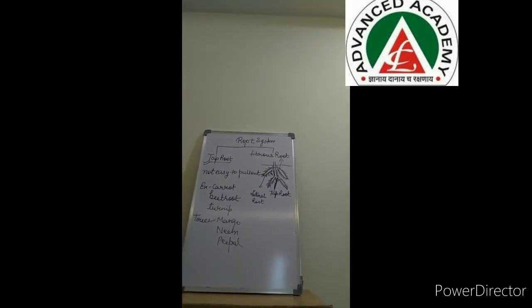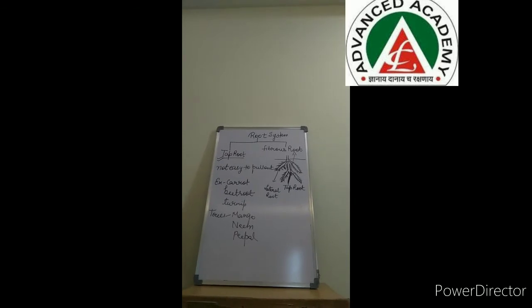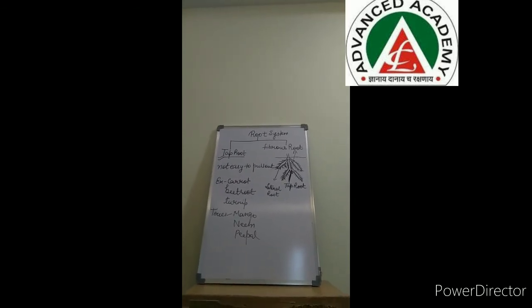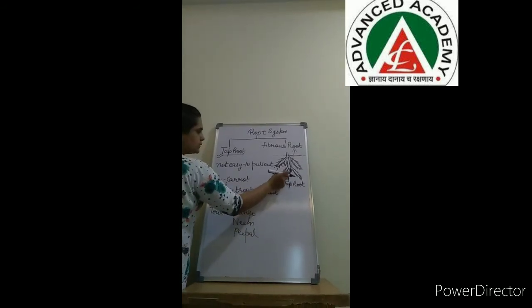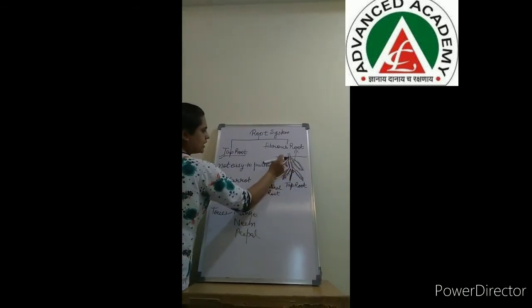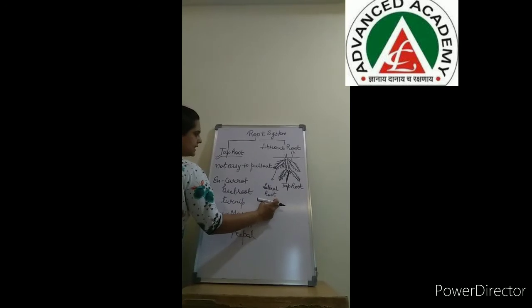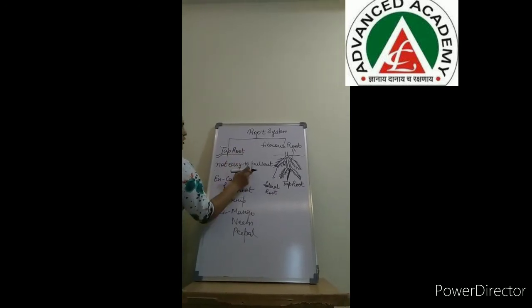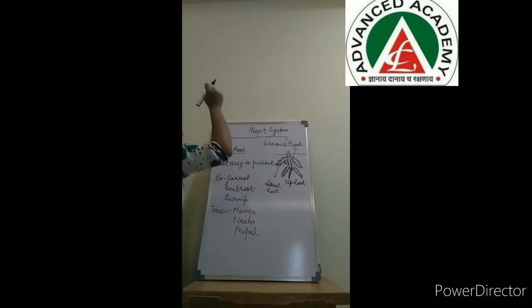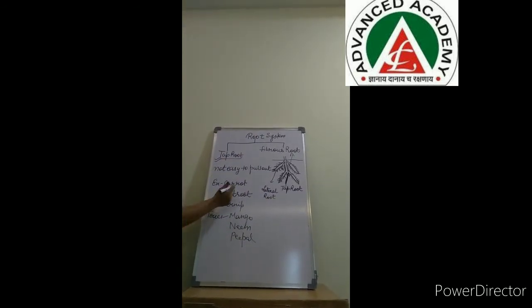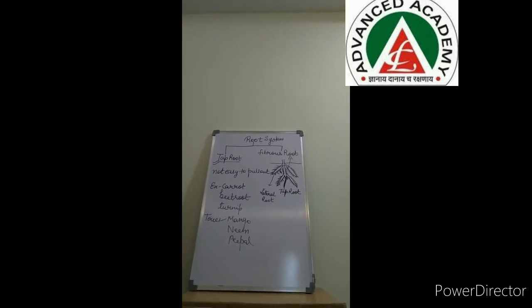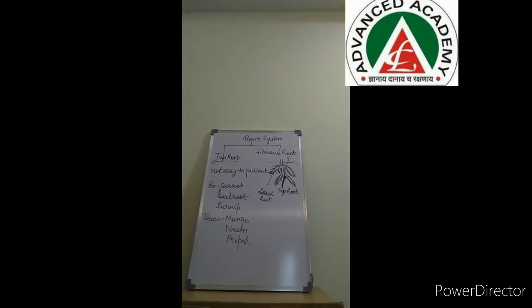So what we understood is that a tap root has a thick main root, and the thin roots on the sides are known as lateral roots. Tap root is not easy to pull out from the soil. Examples are carrot, beetroot, turnip, mango, neem and peepal.